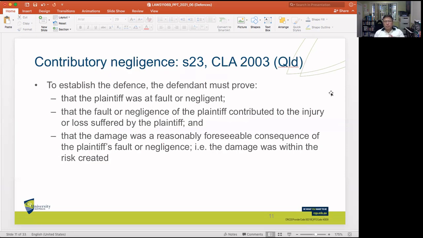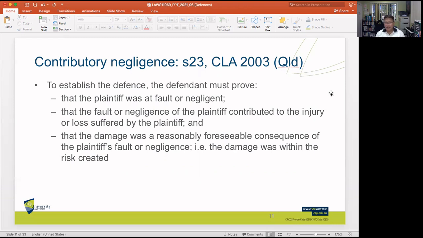Because we said that we actually go back to the common law in looking at the standard of care that we would expect of a claimant or a plaintiff who suffers harm by his own contributory negligence, what it essentially means is that to establish the defense, the defendant must prove that, one, the plaintiff was at fault or negligent. It doesn't have to be that the plaintiff was fully at fault.